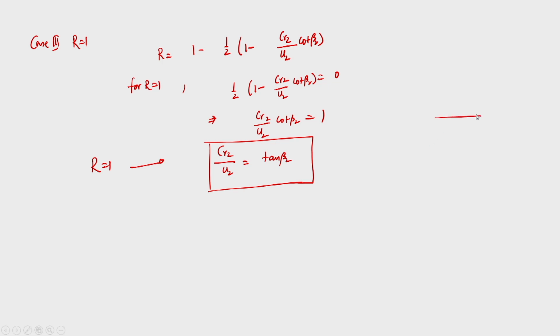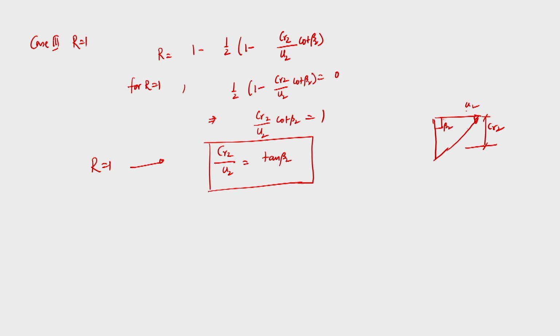So, this is U2 and this is CR2, suppose this is the absolute velocity at the outlet. CR2 by U2 is tan beta 2, that means U2 should be perpendicular. So, this angle is beta 2, right.